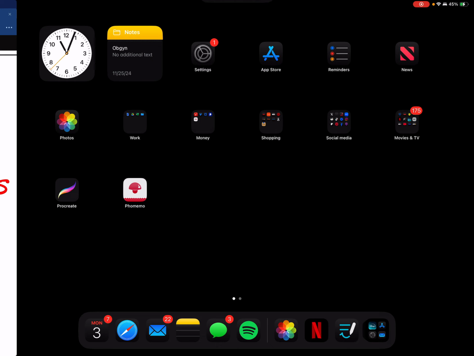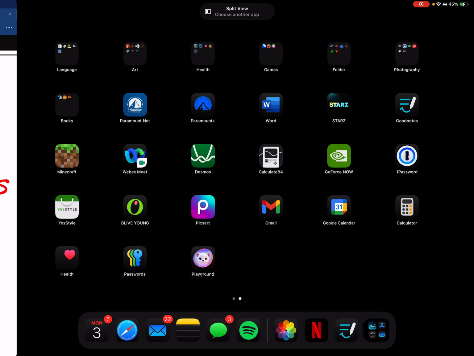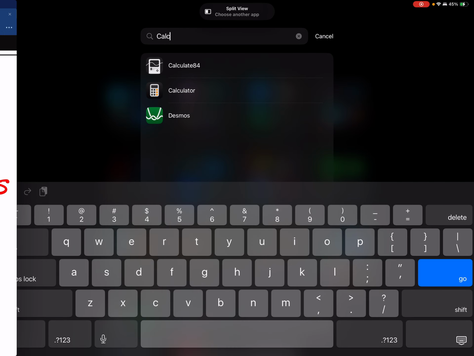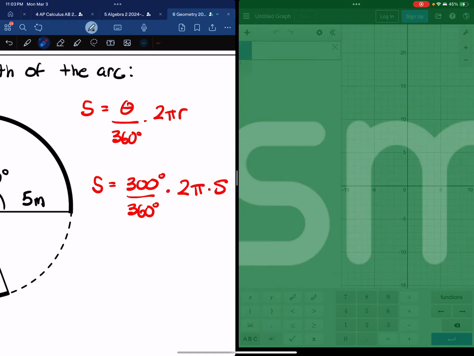So let's go ahead and open up our calculator, which is somewhere. I'm looking for a scientific calculator. Not seeing one. I have the Desmos calculator. Let's just go ahead and search for one. Calculator. We don't appear to have one, which is a problem. We'll just use the Desmos calculator, I suppose. It'll still work.